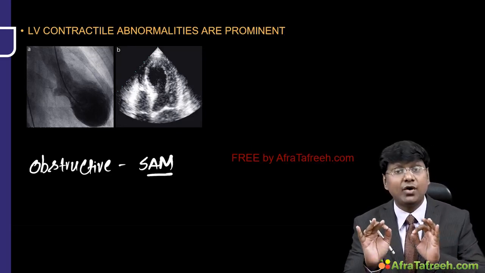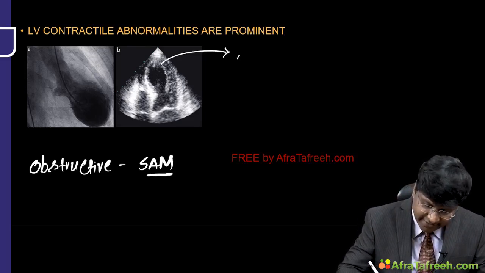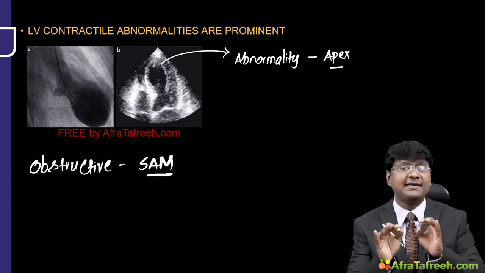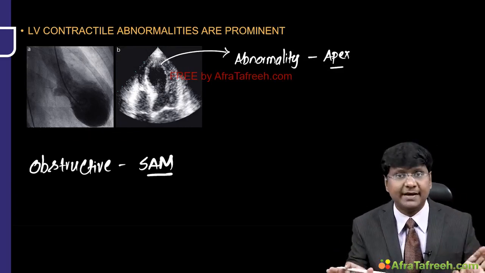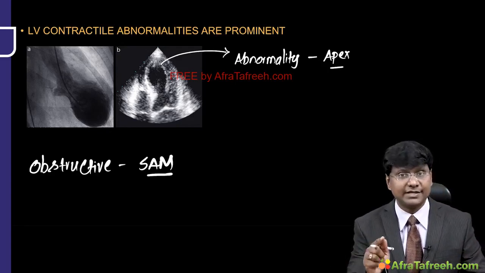There is LV contractile abnormality, and this LV contractile abnormality is predominantly, or prominently, seen at the LV apex, right? And that is the reason why it is called apical ballooning syndrome.